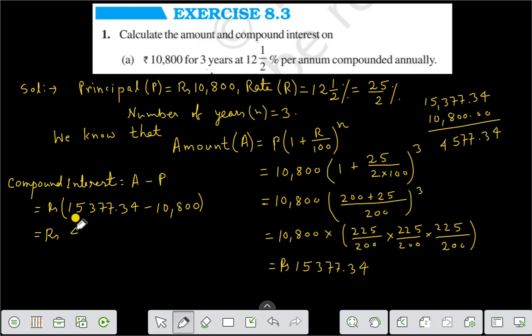That is equal to 4,577.34. This is the answer. This is the compound interest and this is the amount.